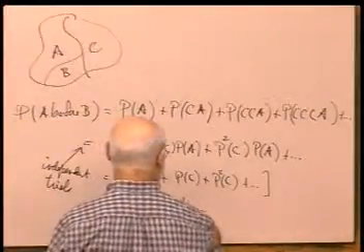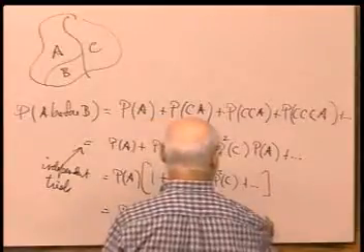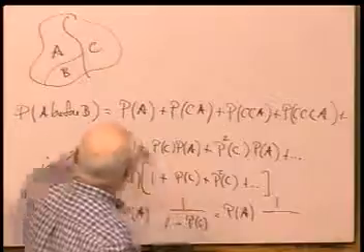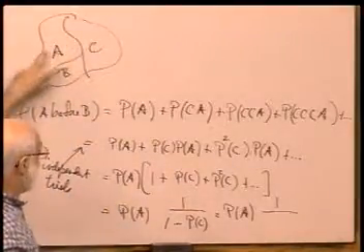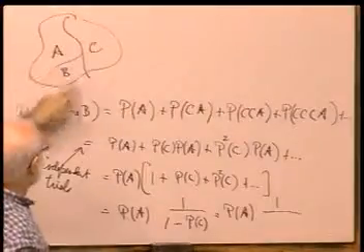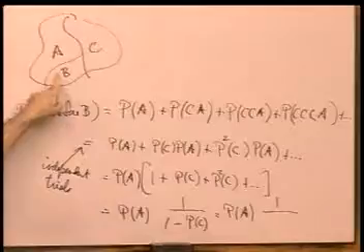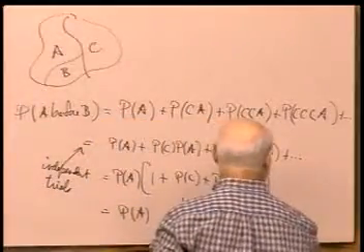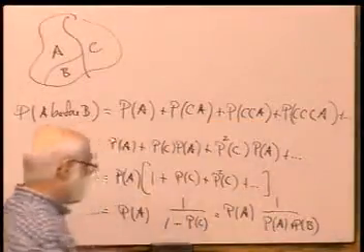So it's 1 over 1 minus the probability of C. That's the probability of A times 1 over that. Now, since A, B, and C constitute a partition of the sample space, then the probability of C is equal to 1 minus the probability of A or B. So I replace 1 minus the probability of C by the probability of A or B, and that's our answer.